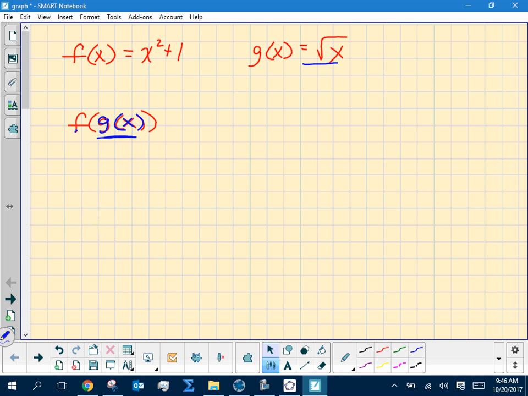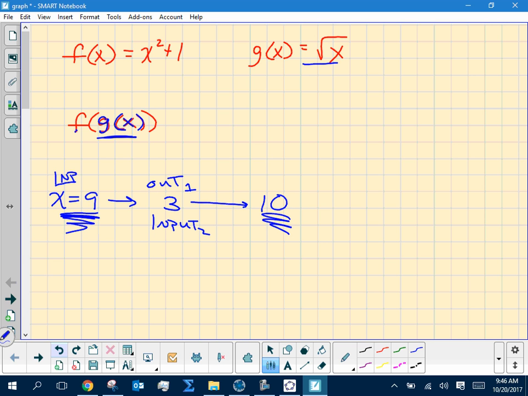Oh, I don't want to erase all that. Let's do this. If I do that, let's say that x is -5. That's my initial input. Well, let's not use -5. Let's do something a little bit easier. Let's say x is -4. Then my first output would be 2i, wouldn't it?